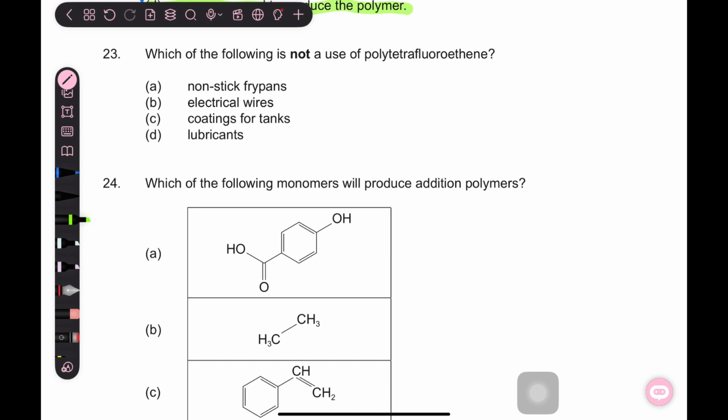So polytetrafluoroethene. Some of the properties that you should know about this is that it has low friction, it's chemically inert, and it also has a high heat resistance.